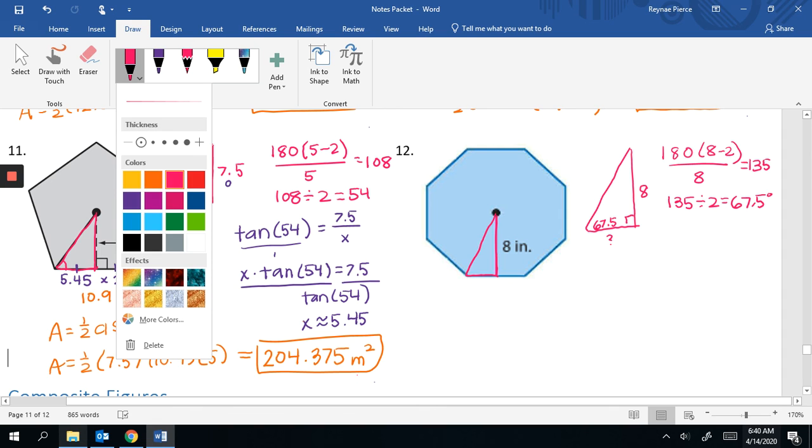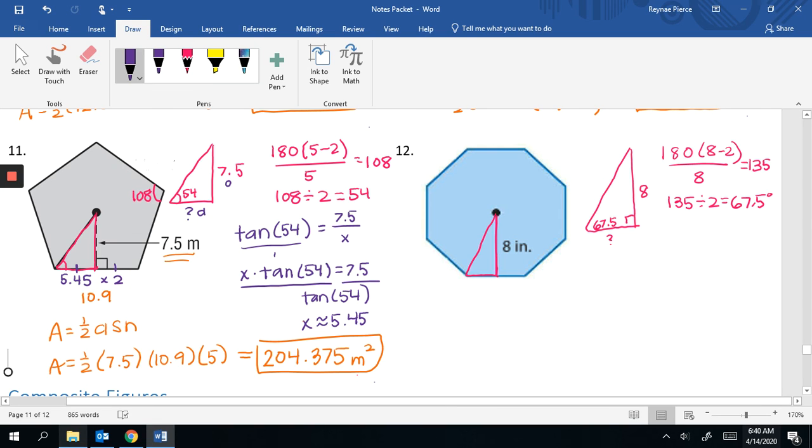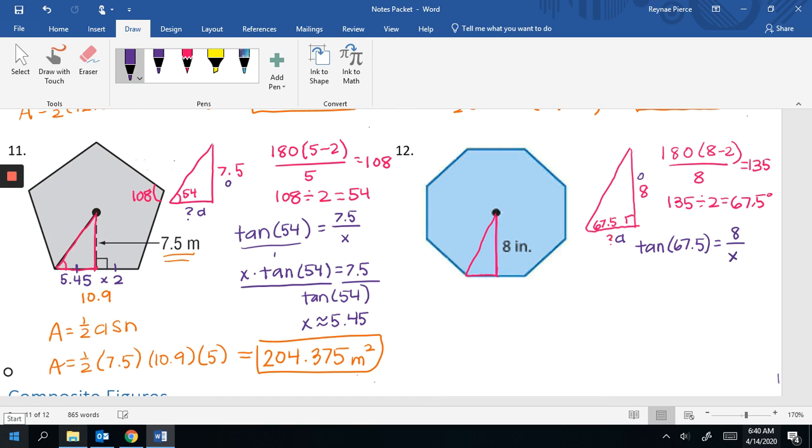So label your sides. 8 is opposite the angle. This missing part is adjacent. Tangent is very popular. But this time we've got 8 in the numerator and that missing portion in the denominator.